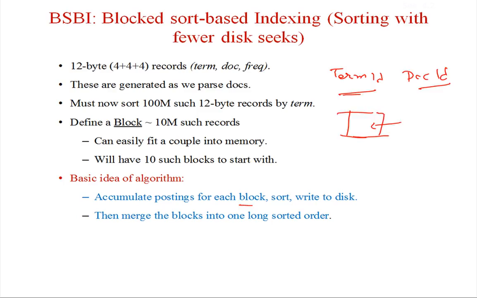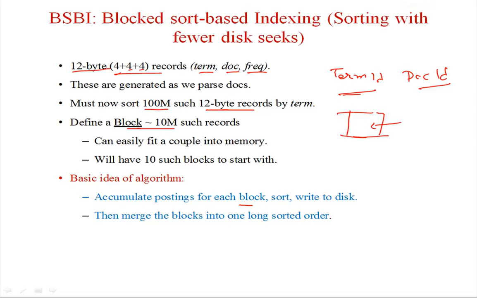Now, for example, we have a 12-byte entry, then we can easily divide the record into 4-byte entries like term, document, and frequency. Now we will repeat the same process for multiple documents. Suppose we have 10 million 12-byte records sorted by terms.